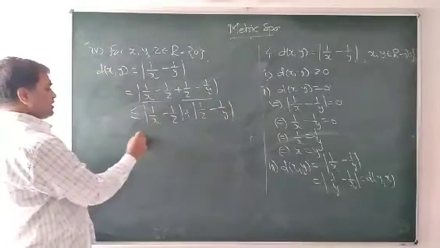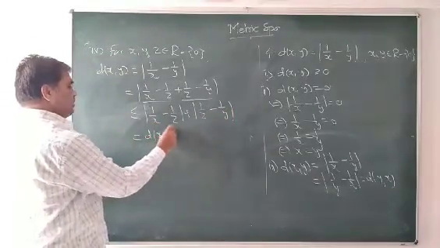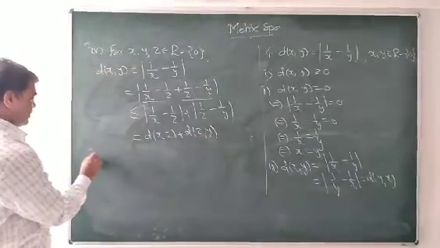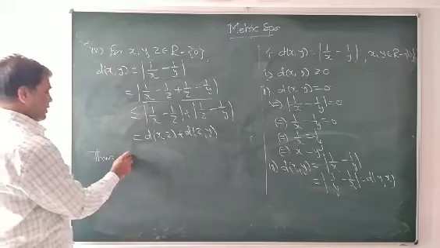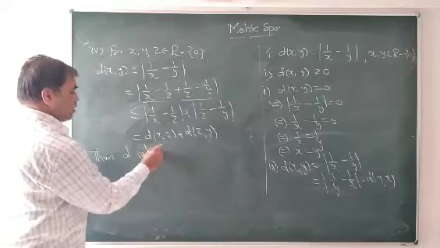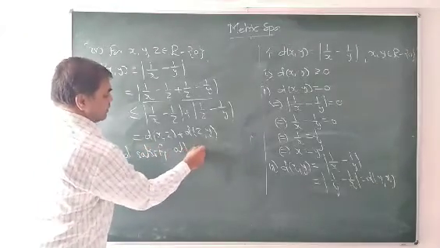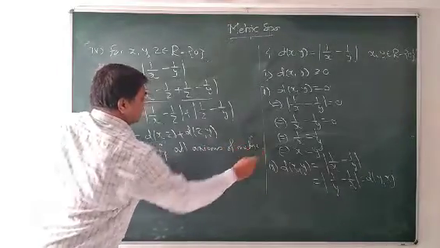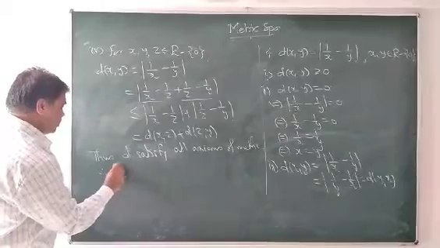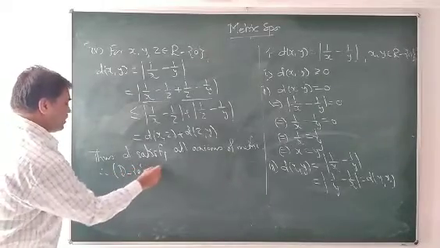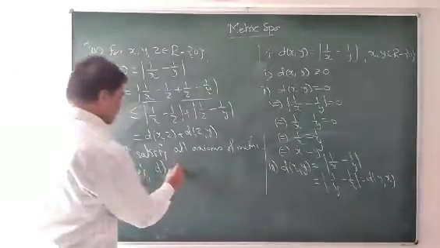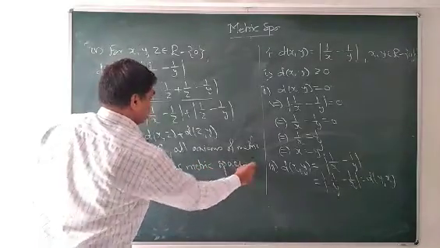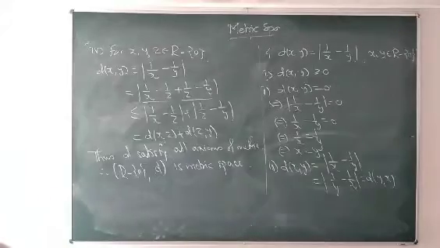By definition of d, this is nothing but d of xz plus d of zy. Thus d satisfies all axioms of metric. Therefore, the set of real numbers except 0 with respect to this function d is a metric space, which is not the usual metric.